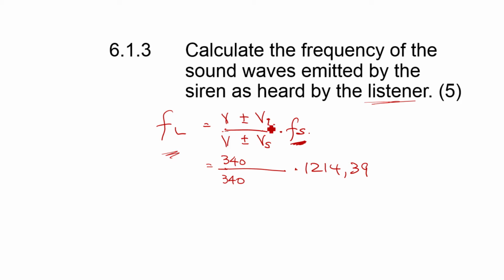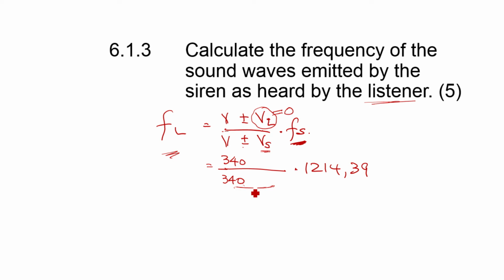In this case, the listener is stationary, okay? The listener is stationary, and therefore V for the listener is equal to 0. Now we've got to work out, and this is where we do it by inspection. Plus and minus, adding or subtracting the velocity of the sound, is going to increase or decrease the size of the denominator of this fraction.